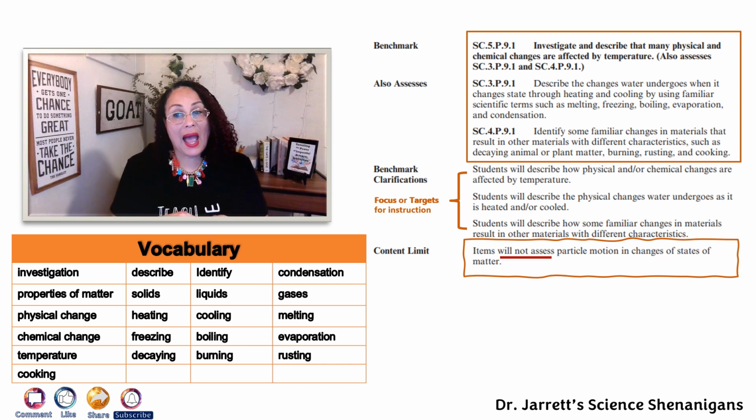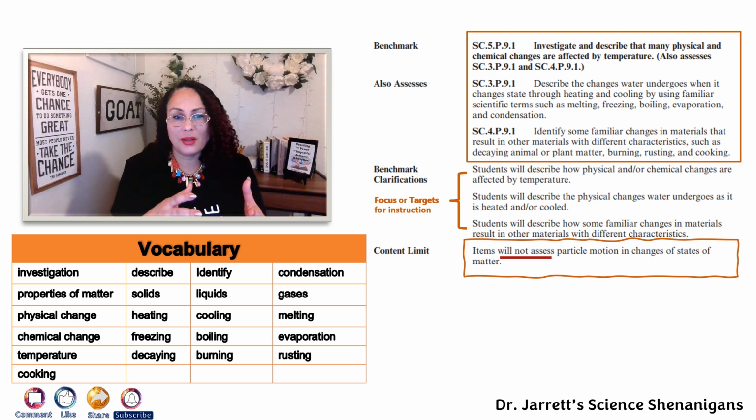Now, when I am burning my marshmallow, that is a chemical change. And when I am warming up my piece of chocolate, that is still a physical change because we didn't change it from being chocolate. Once it cools back down, it's still going to be a chocolate.